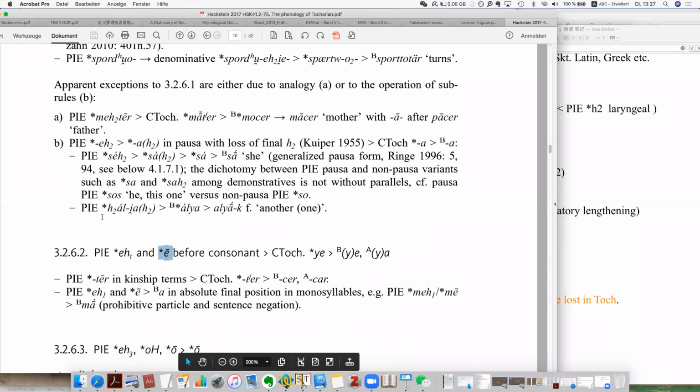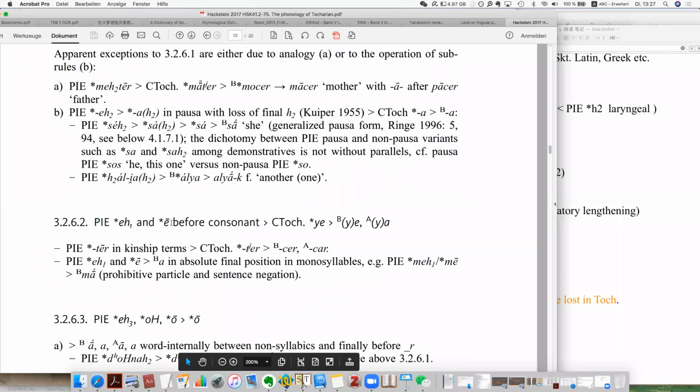Proto-Indo-European long A before or near consonants has a palatal effect. So palatal effect, you mark it as a Y sound. So like t in kinship terms becomes ch. This is a regular change.